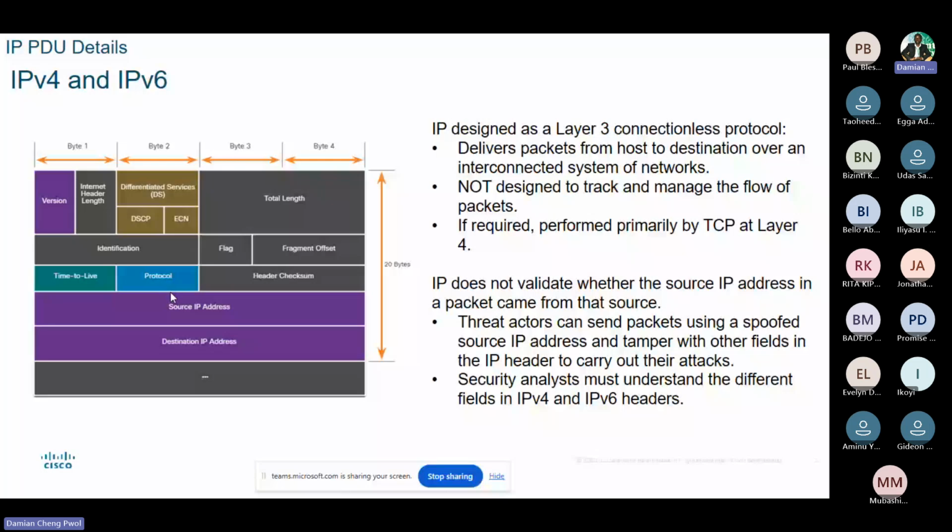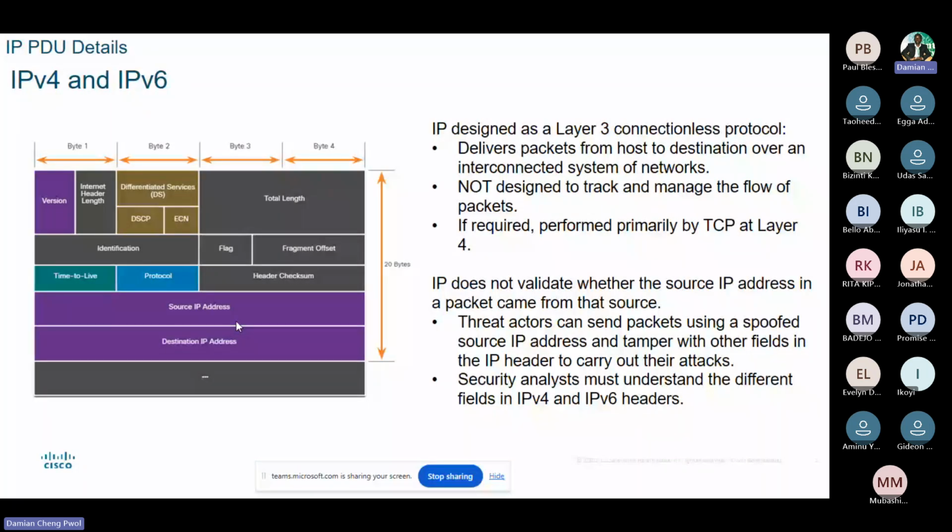They take advantage of certain areas. In the header, there is an area that says source IP address, where the data is coming from. An attacker could take advantage of that, but layer 3 doesn't look at where it is coming from.